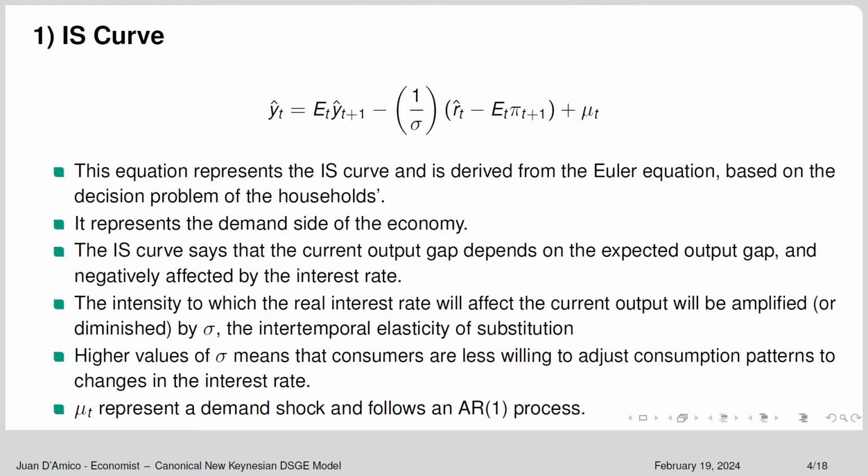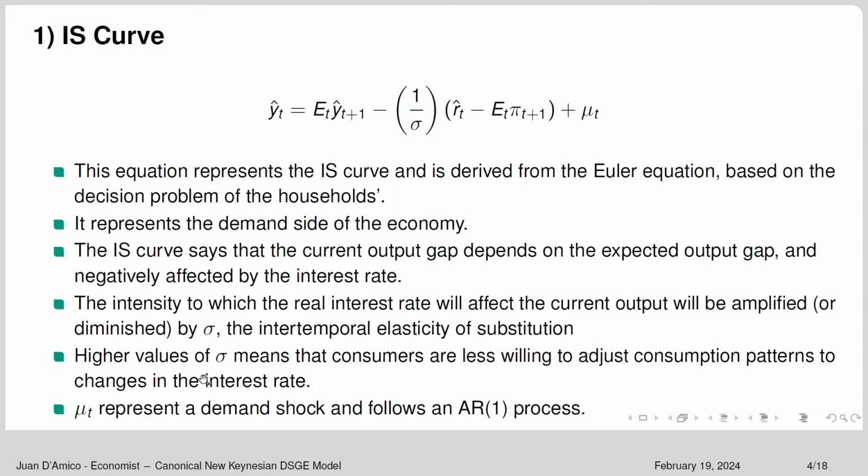If they are very flexible, the interest rate will have more effect. And if your consumers don't modify their consumption patterns, then the effect is not going to be as strong.